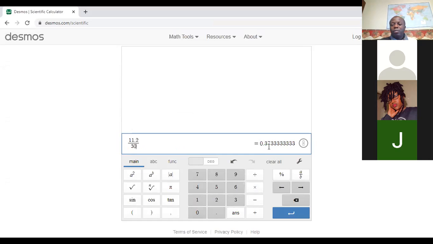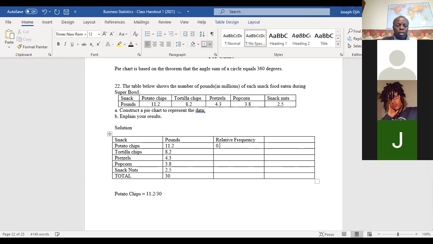This is the same thing as saying 37.3%. So you got 0.373 here for potato chips.